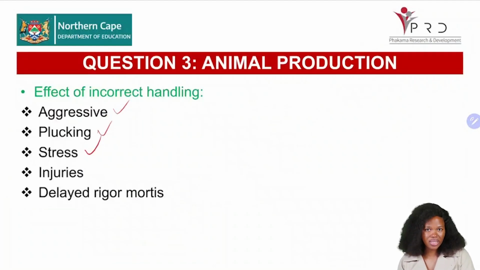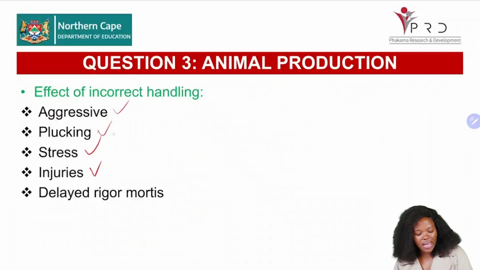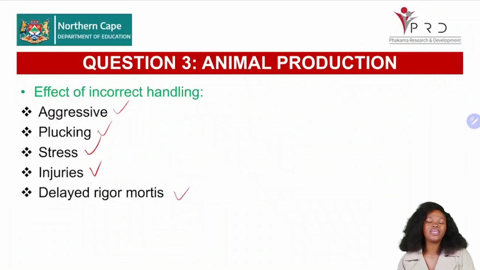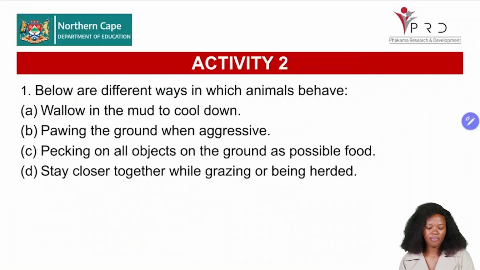Animals will be stressed, and once an animal is stressed, adrenaline will be secreted. Animals will be injured. There will also be delayed rigor mortis, the stiffening of muscles that occurs immediately after slaughter. So these will be the negative effects of poor or incorrect handling of farm animals.